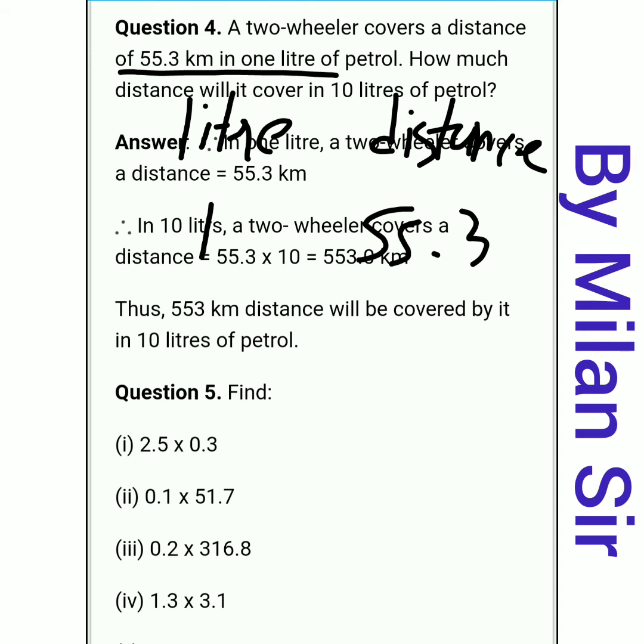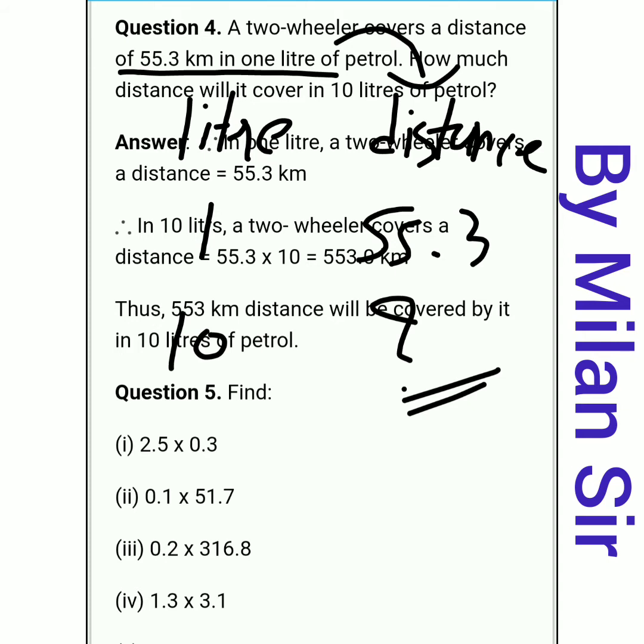Now the second line: how much distance will it cover in 10 liters of petrol? So for 10 liters, distance is how many? We need to form this type of table. Always the question mark is there. Whatever we need to find, we put in the second position, and whatever is given, we put in the first position.